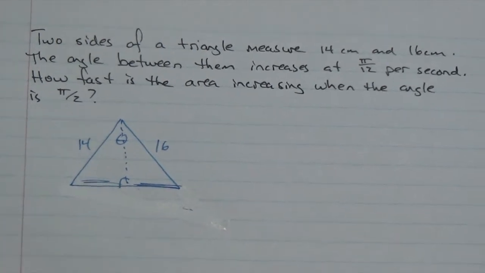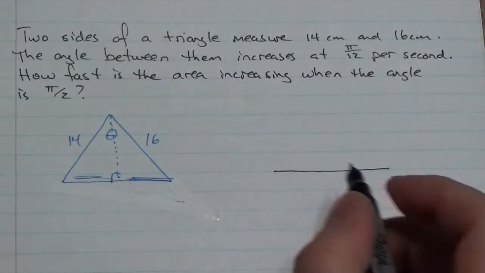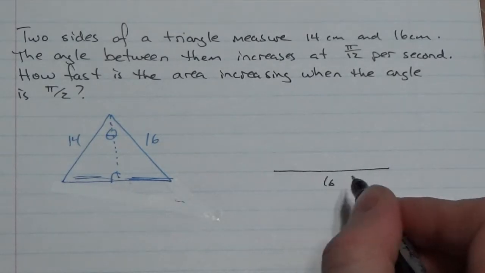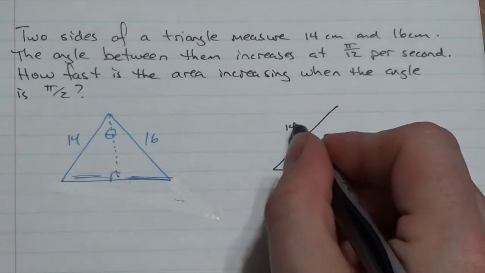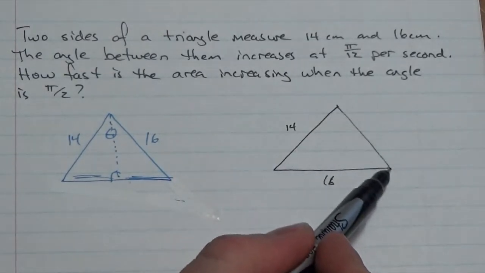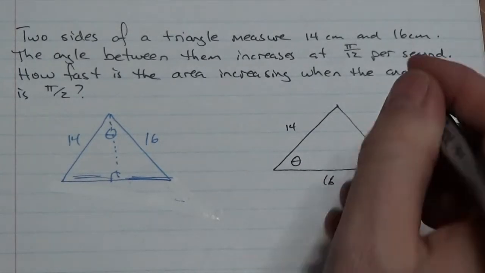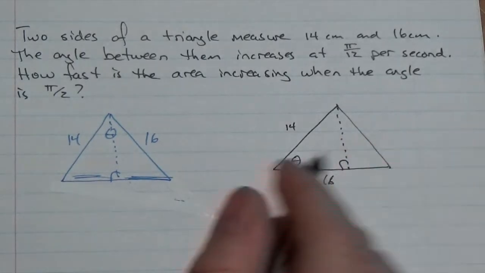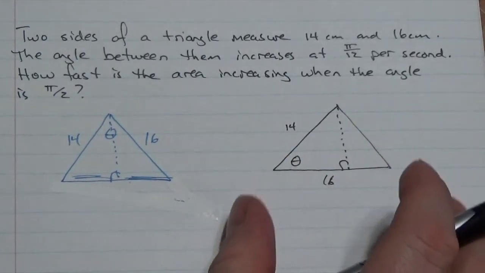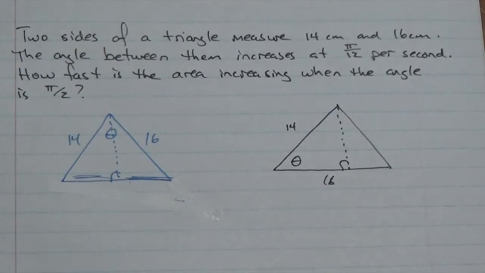Don't do that. My advice is to use one of those sides as your base. Let's make it the 16. And then here's my 14, and then just connect them. And there's my angle in between. Now when I drop that altitude, I'm going to use that to come up with the area of my triangle. Now I know my base is 16. I drew it that way.